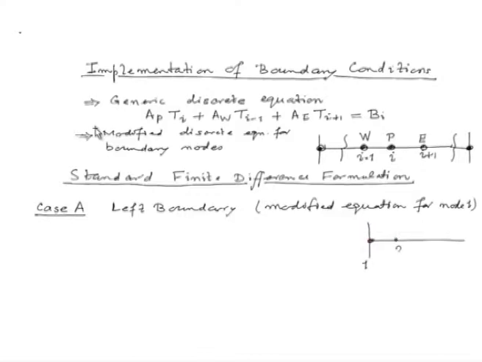Node 1, node 2, node 3 and so on. This is the interior of the domain. Now depending on the boundary condition specified at node 1, we will have a different form of equation for this particular node.